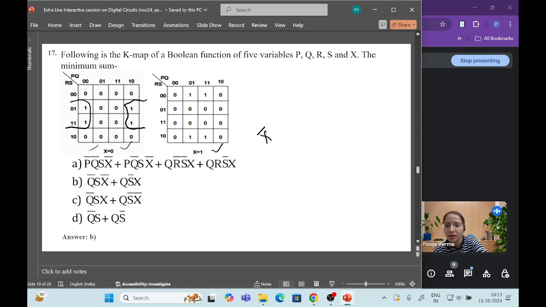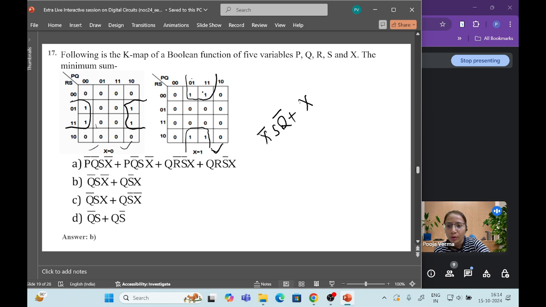What will be the expression for this one? Here we can take 1 as common, so 1 means S, and column-wise, 0 is common, so that means Q dash. Similarly, for x is equal to 1, that means only x. Now here also it is making a group.